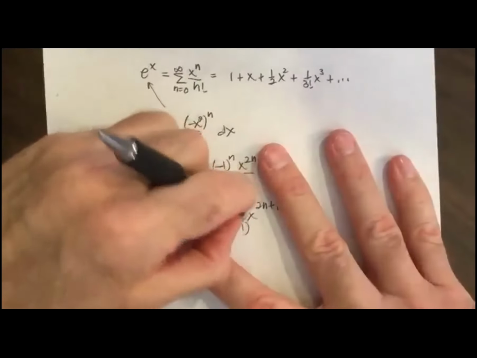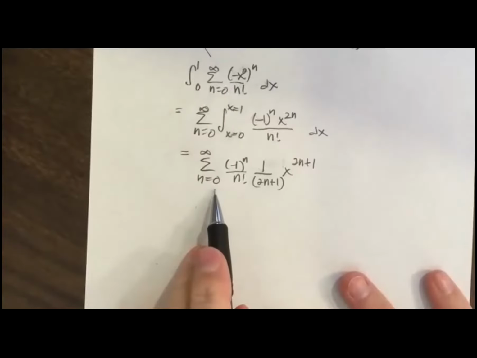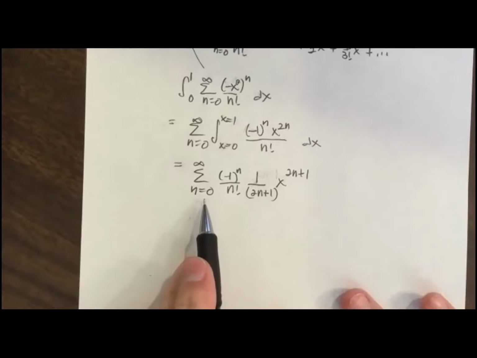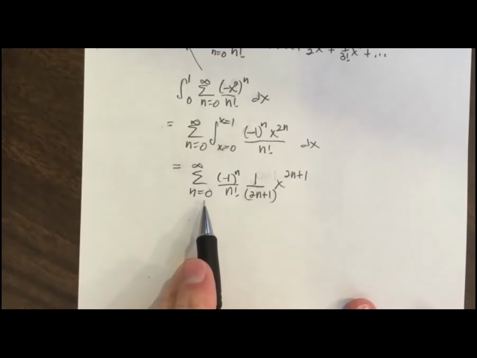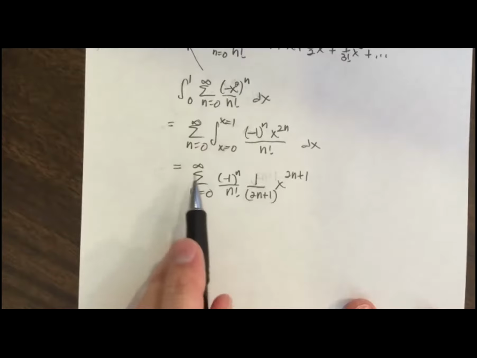And now I'm worried about one more thing. I'm worried about, where does the index start? Because I know when I take the derivative, it's going to start at 1. But when I take the antiderivative, does it start at minus 1? I'm worried about the index here.